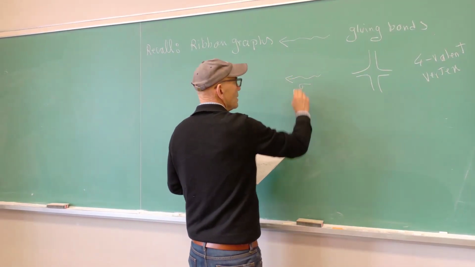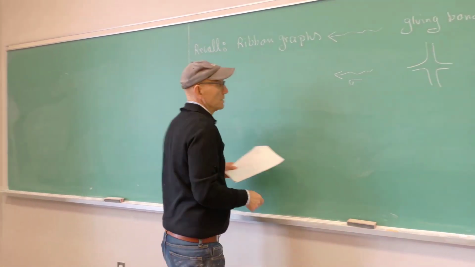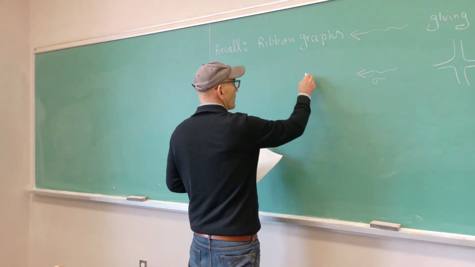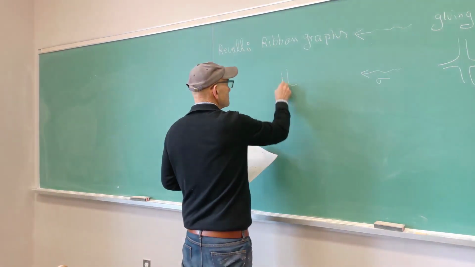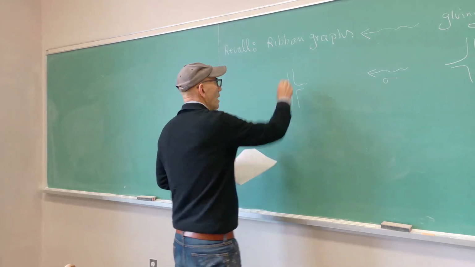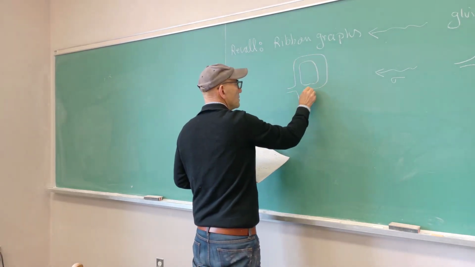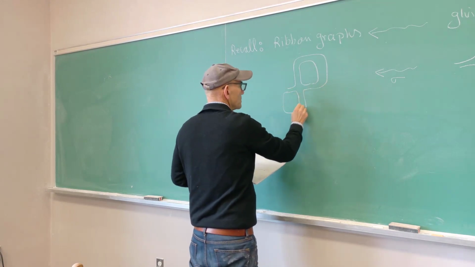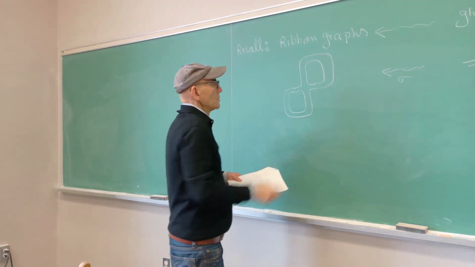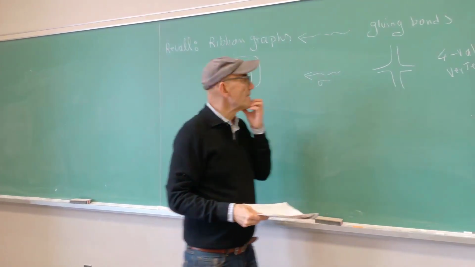We just used some sigma or some gluing, and then we got something like this. One possibility was this. The other possibility is this. I mean, it's the same thing. So this is a ribbon graph, and this is a band.